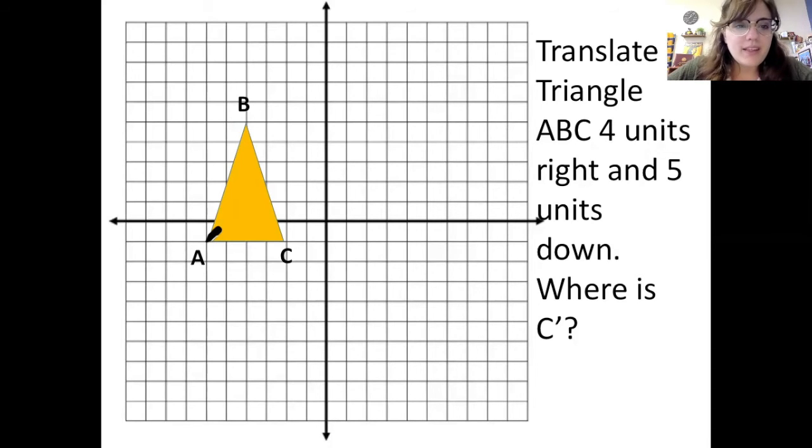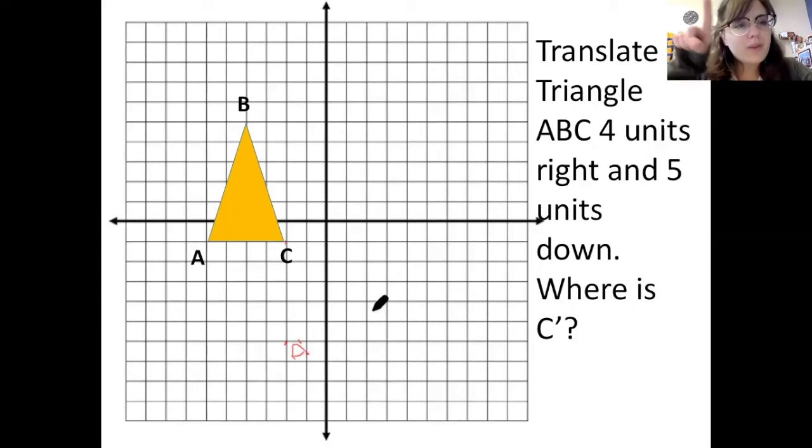4 to the right, so I would start with my A. You could start with whatever point you prefer and move 1, 2, 3, 4. Gonna put a little dot, little dash there. And 5 down. 1, 2, 3, 4, 5. So that is my new A prime.